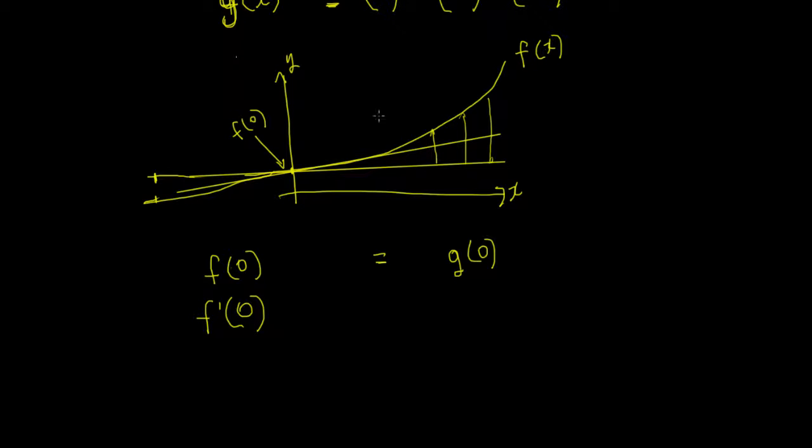Okay, alright, that's our approximation. So now it's still a linear approximation. But the gradient at that point there is the same as the gradient for our curve here, which we're trying to approximate. So we would want f derivative at 0 to equal g derivative at 0.